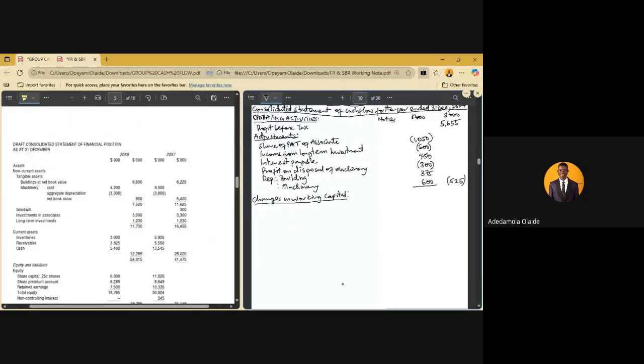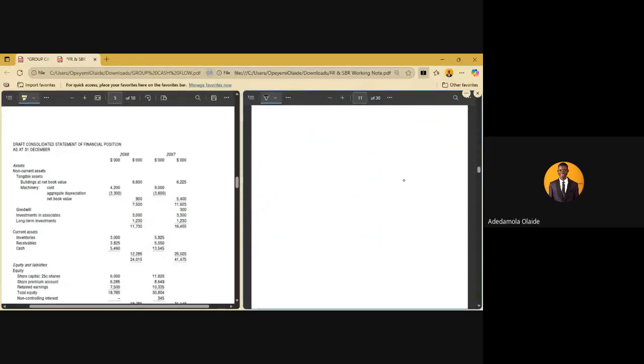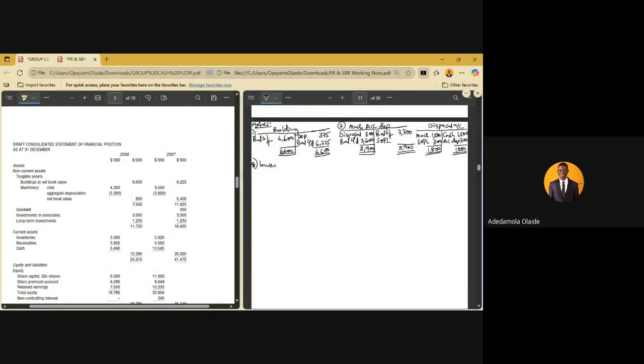So for working capital, we go to inventories. What do we have for inventory? Balance carried down 5,925, less balance brought forward 3,000.